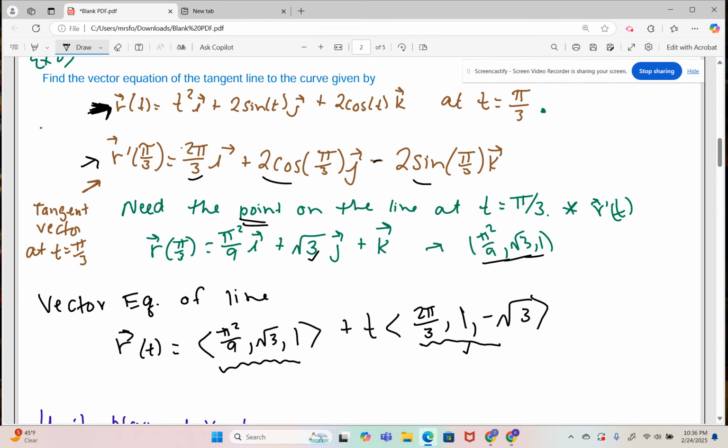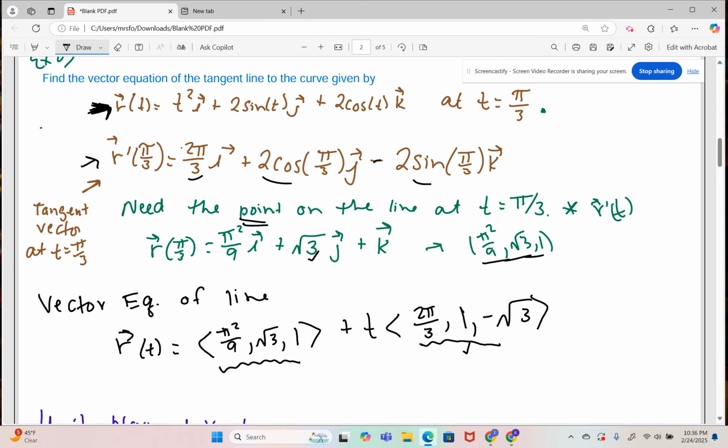So before moving on, note a couple things about this example. We could have used the unit tangent vector had we wanted the parallel vector, but that would have made a more complicated equation. Also notice that the vector r of t, we use that to represent the tangent line, despite the fact that we use that as well for the function.